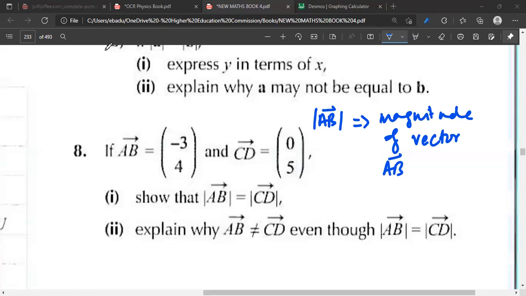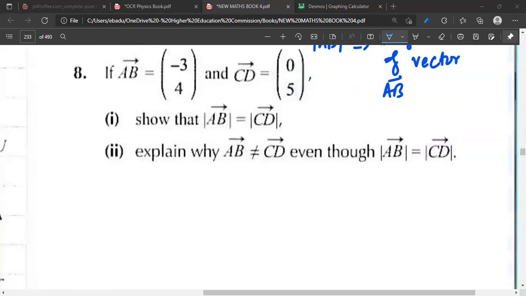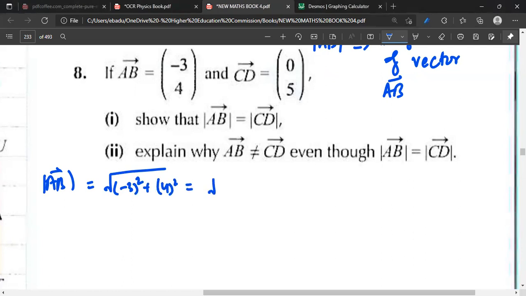I got AB equals √7 and CD equals 5. No. Did you not square them? The magnitude of AB is equal to the square root of (-3) squared plus 4 squared, which is 9 plus 16, which is the square root of 25, which is 5.